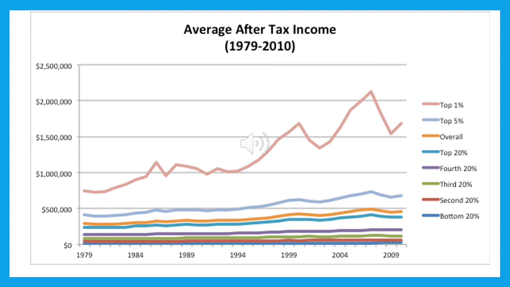But then you notice that the fourth, third, second, and bottom 20%, so that's 80% of Americans, have had essentially flat income. Now, this is inflation adjusted, of course. So all of these dollars are represented in 2014 dollars. So you notice that from 1979 to 2009, there's been essentially no change.